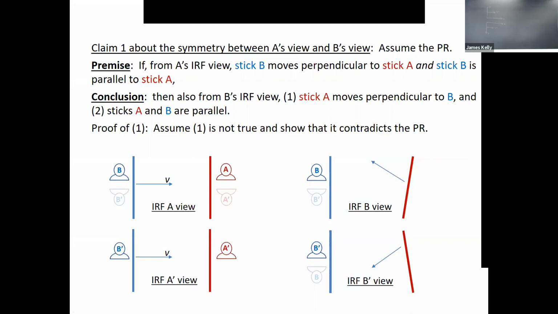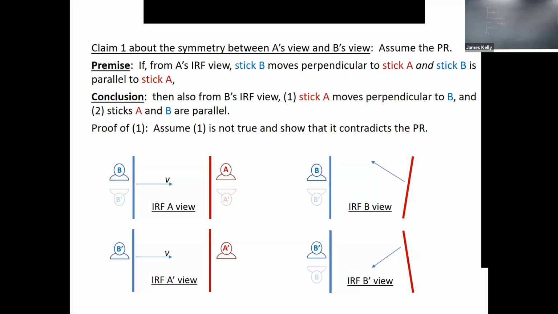It may be a strange outcome, it may be something we're not familiar with, but if the same experiment is being performed, we can't have one case where the observer sees the stick moving upward towards their head, and in the other case it moves downward towards their feet, in two different inertial reference frames.